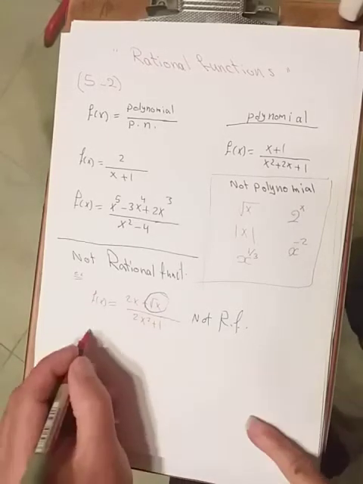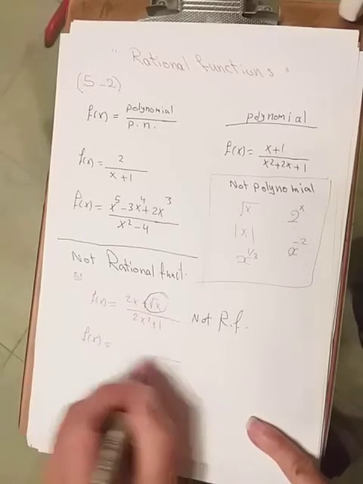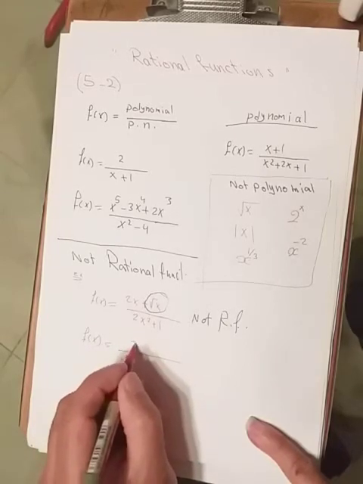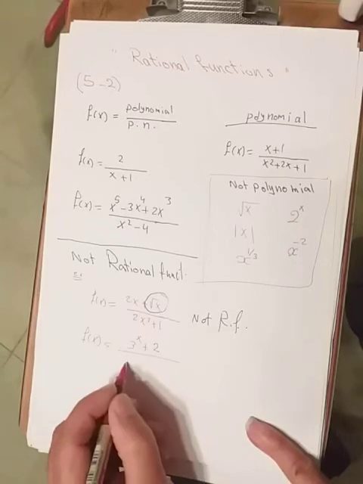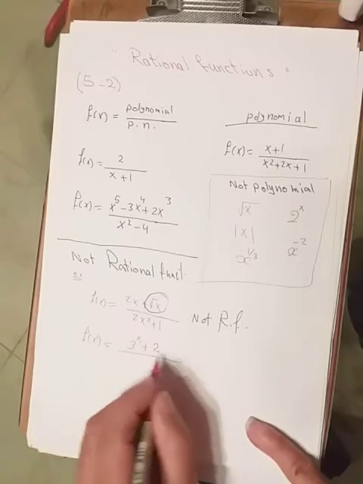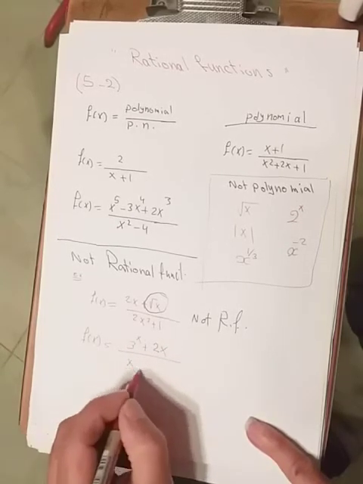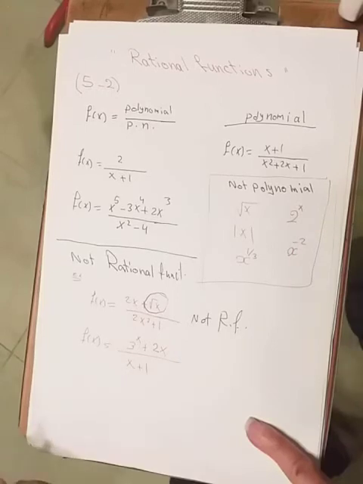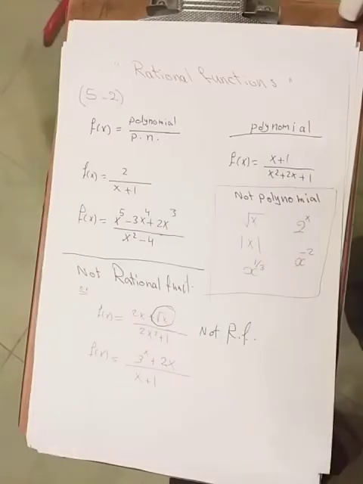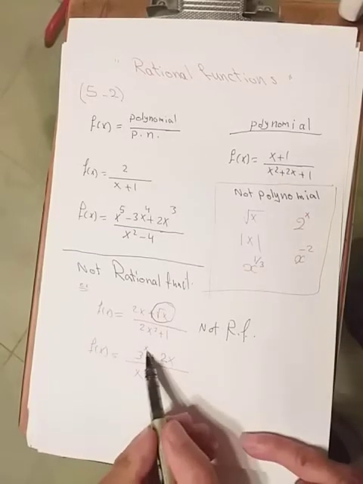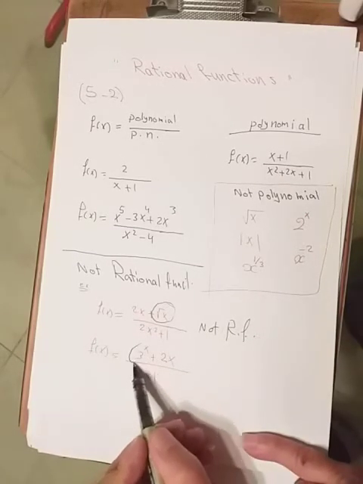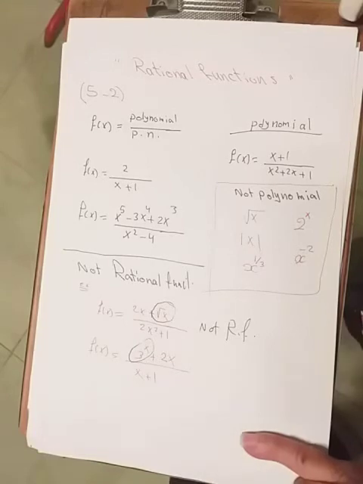Another example: 3 to the power x plus 2 over x over x plus 1. Is this a rational function? No. The problem is with 3 to the power x. Look, x is in the power. This one is not a rational function.